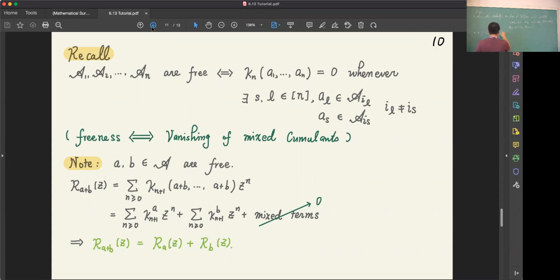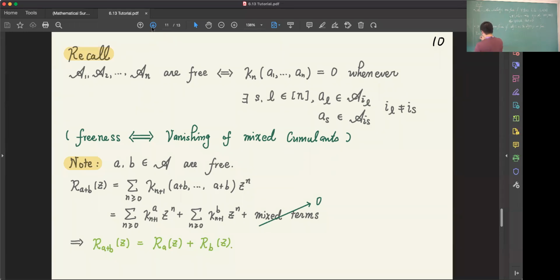We say 2 elements are free if the algebra generated by X and the algebra generated by Y are free. So the definition of free elements is just based on the definition for the algebras generated by x and y. Now let me quickly go through a very simple example.